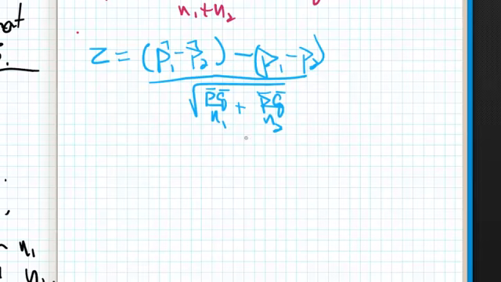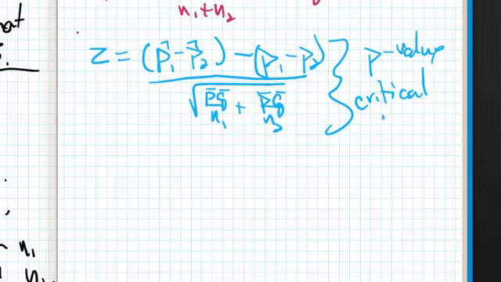That's the Z. This is the one we're going to use if we want to do a p-value or a critical value. And for a CI, you can almost look at it and figure out exactly what it is.